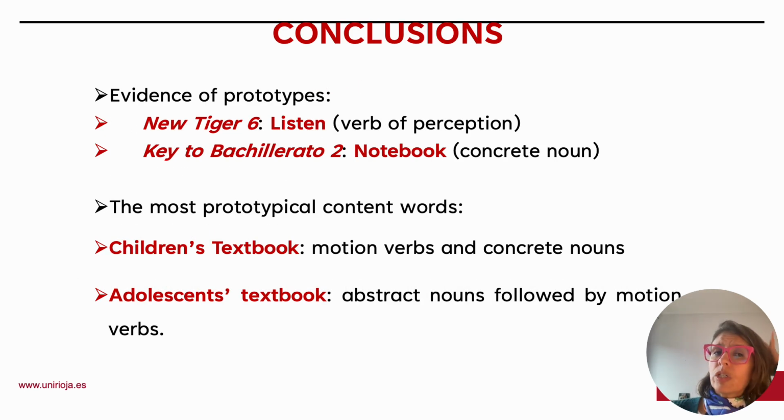In our conclusions, we could have evidence of prototypes. As I mentioned, in New Tiger 6, we could find a verb of perception, and it was listen, whereas in Key to Bachillerato 2, we found a concrete noun, notebook. The most prototypical content words in the children's textbook were related to motion verbs and concrete nouns, whereas in the adolescents' textbook, it was abstract nouns followed by motion verbs.